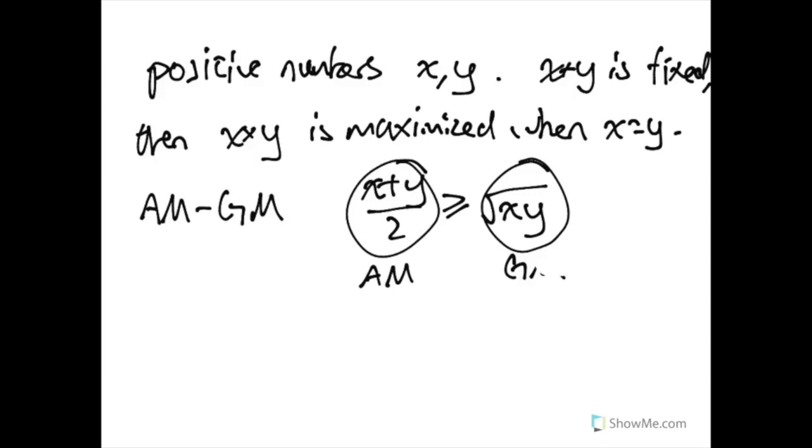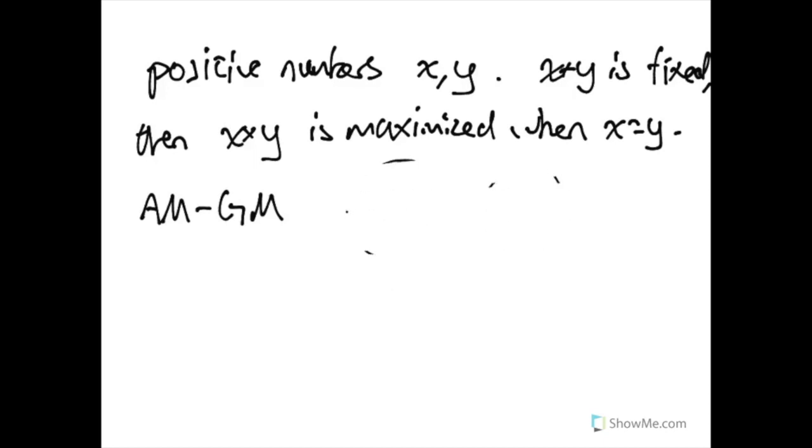There is another method that we can use to prove this specific result without using AM-GM. And that is by saying, well, if x plus y is fixed, then let's say that without loss of generality, we can say that x is less than y, because if x is greater than y, then we can switch their roles and it will be the same anyways.